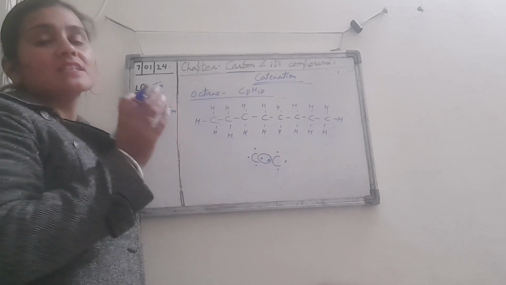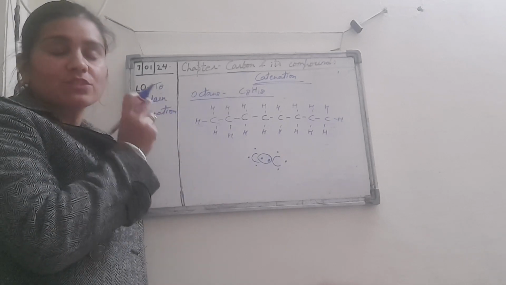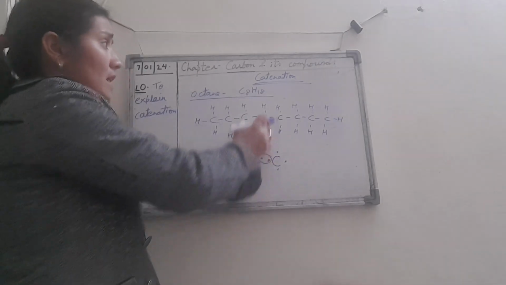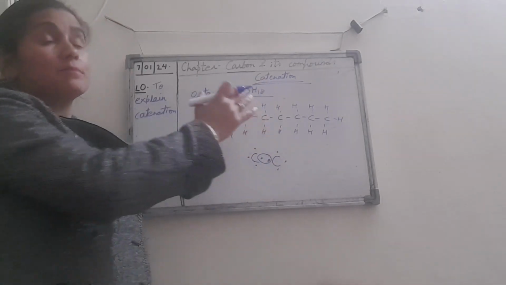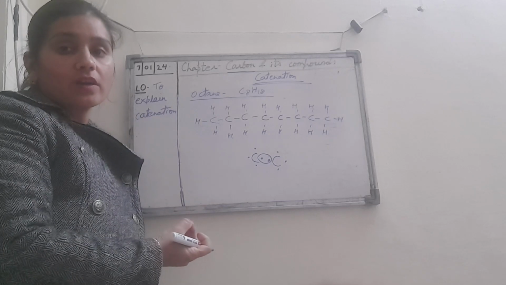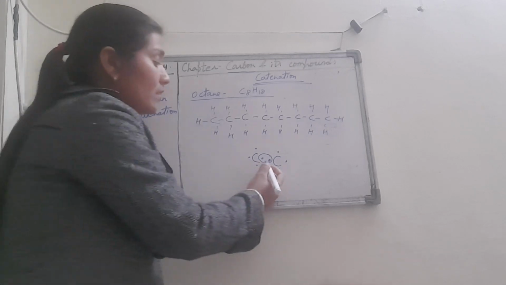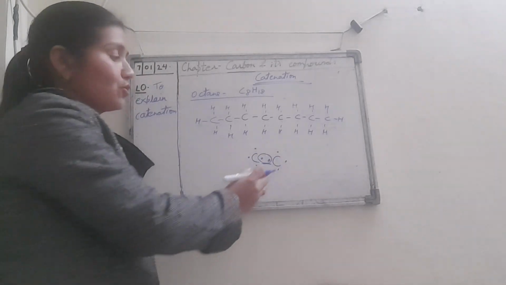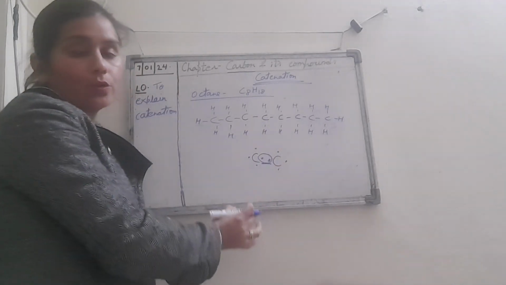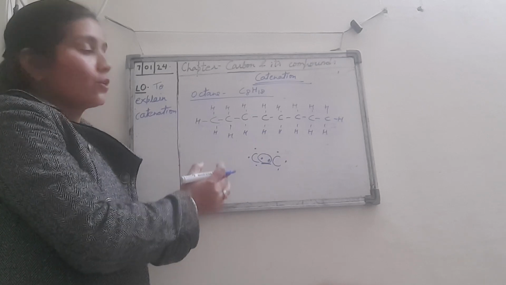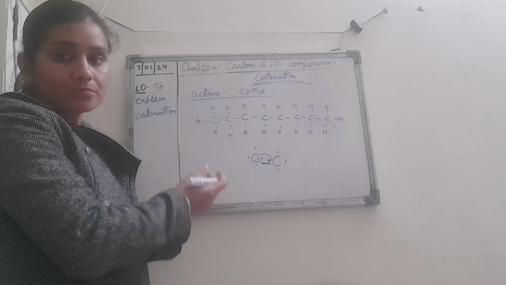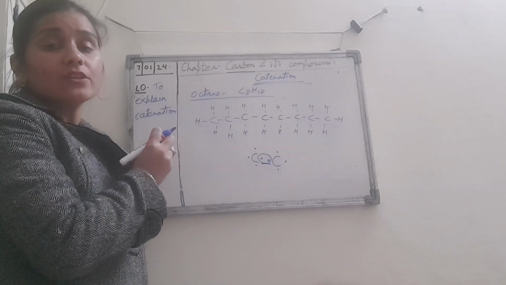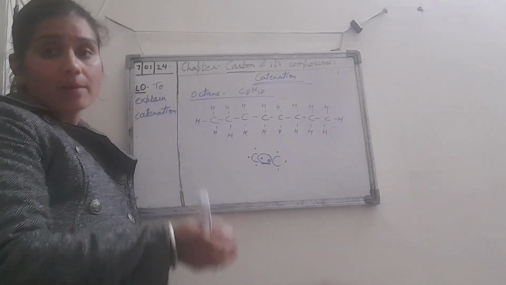Why? Because the size of the carbon atom is very small, right? So due to the small size of the carbon atom, the shared pair of electrons, the electron cloud which participates to form the covalent bond, are actually tightly bound by the nucleus of 2 carbon atoms.